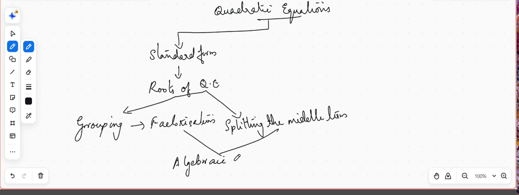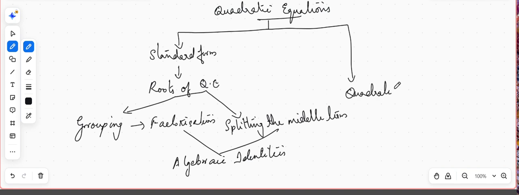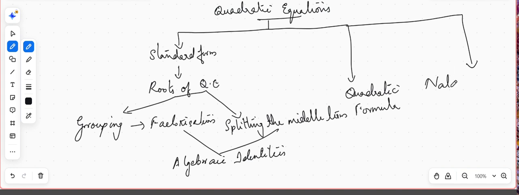With the help of that also, we can do the factorization. So, you get the roots of quadratic equation. Then the next topic you are learning is quadratic formula. And then the last topic which comes here is nature of the roots.